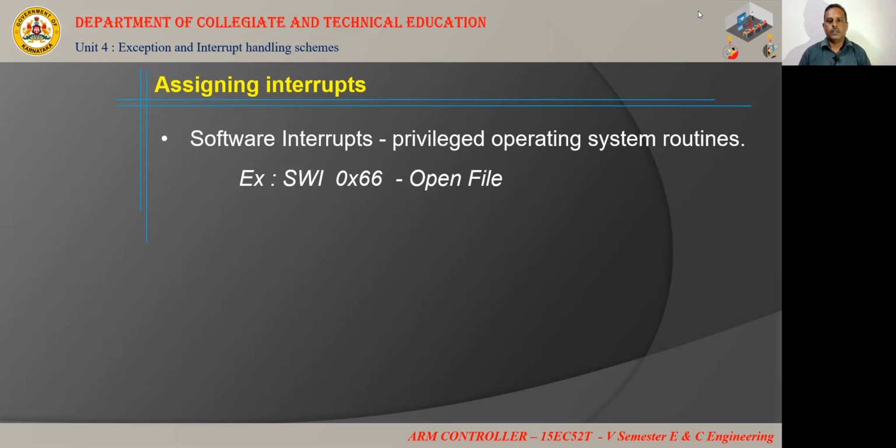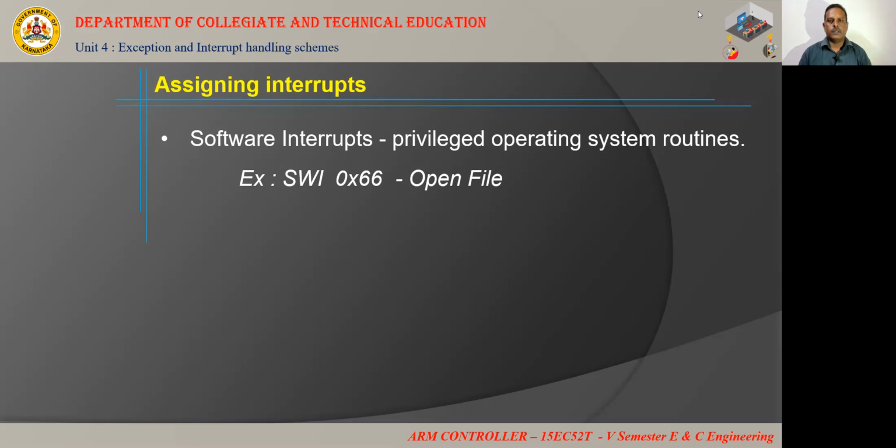This is done because usually the application softwares will not have direct access to the hardware resources connected to the ARM core. In order to get something done from these external peripherals or hardware resources, we will have to make use of this kind of operating system routines. In many cases, we call it as basic IO routines or BIOS routines.